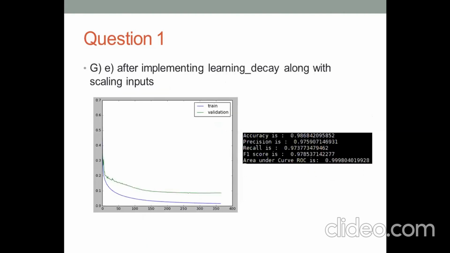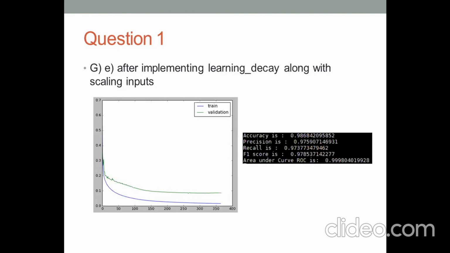So in 1E, after implementing learning decay along with the scaled inputs, the accuracy is, interestingly, not that much higher, relatively to the others. This is a change which is in the order of, I think, 100.